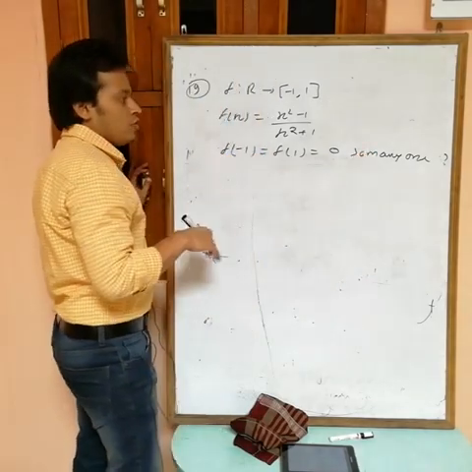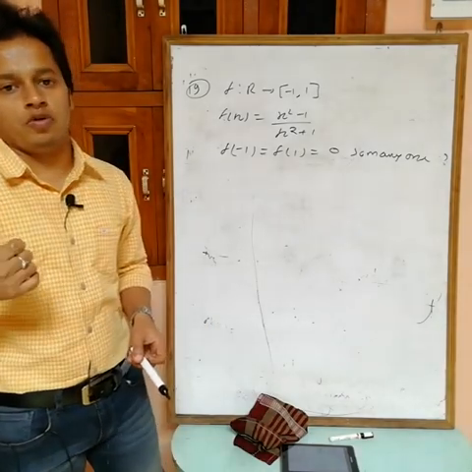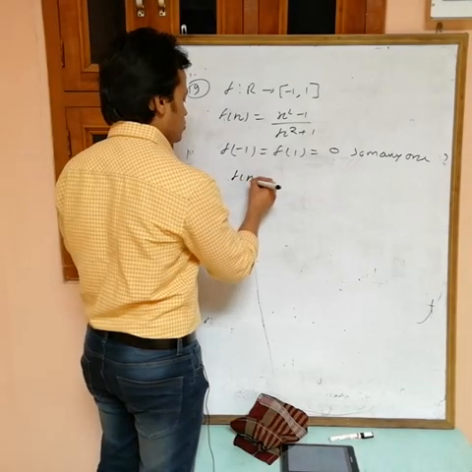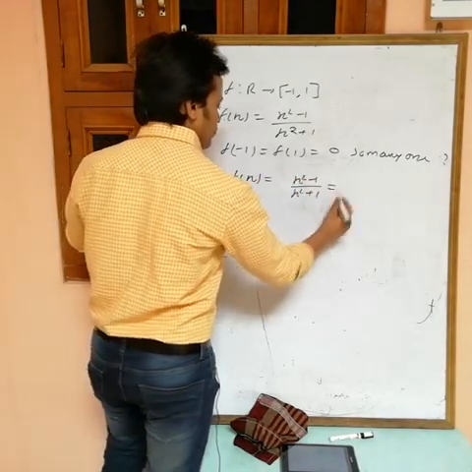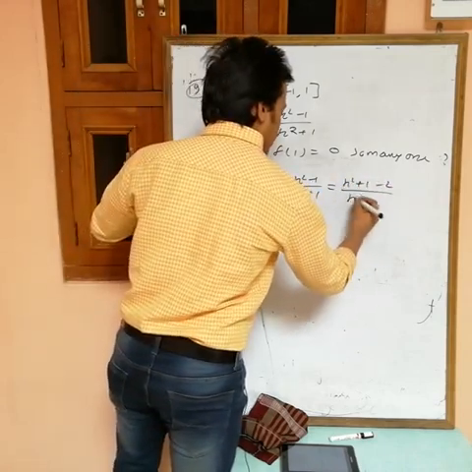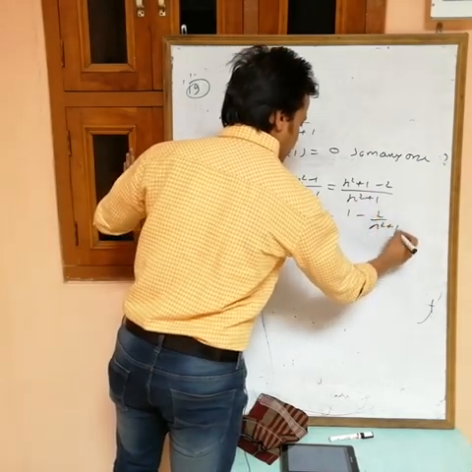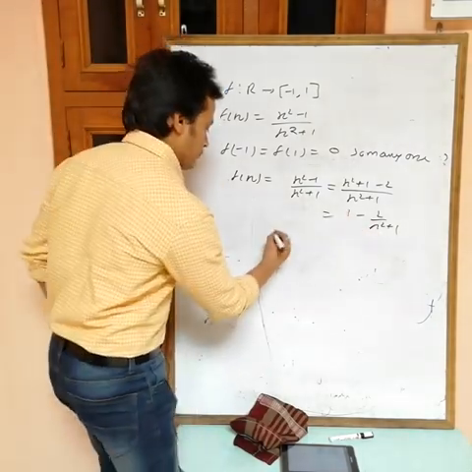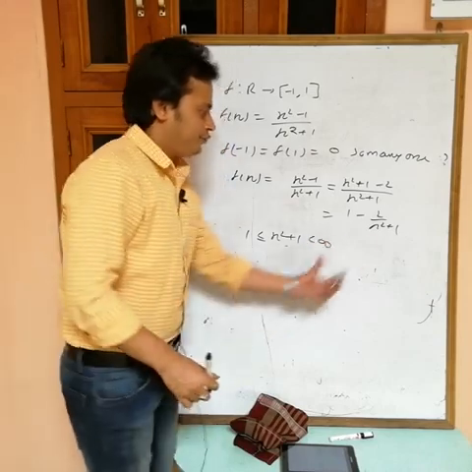Now for into or onto, what is the method? If range is equal to codomain, then onto, otherwise into. So I have to find the range. Range admits all possible values of f x. See, x square minus 1 by x square plus 1. Can I simplify? x square plus 1 minus 2 by x square plus 1. This is 1 minus 2 by x square plus 1. This is the value of f x now. I want all possible values of this. Now see, x square plus 1 is always greater than or equal to 1 and less than infinity.